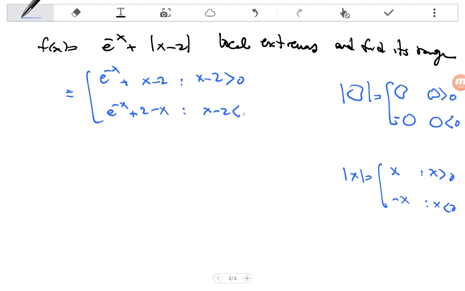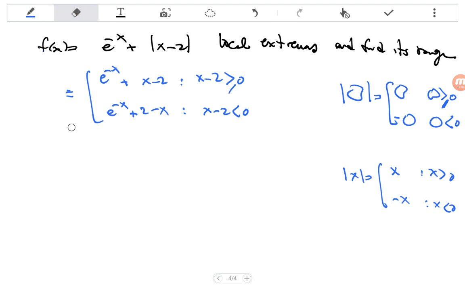For the point at 0, it is a continuous function, so I may put it in the first branch or the second branch. It doesn't matter.